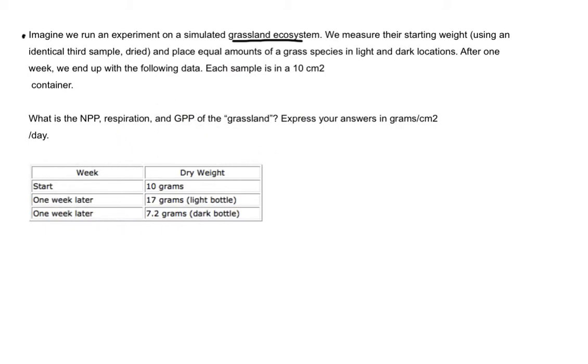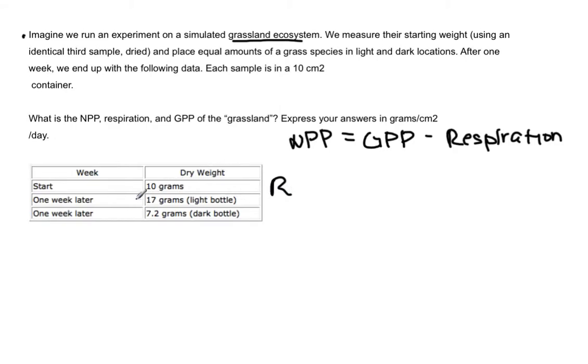So I'm going to go ahead and write my equation one more time. So I have NPP is going to equal GPP minus respiration. And I'm going to use my same calculation. So in order to get R, I'm going to look at my change in the dark bottle to initial. So I'm actually going to take 10 minus 7.2.